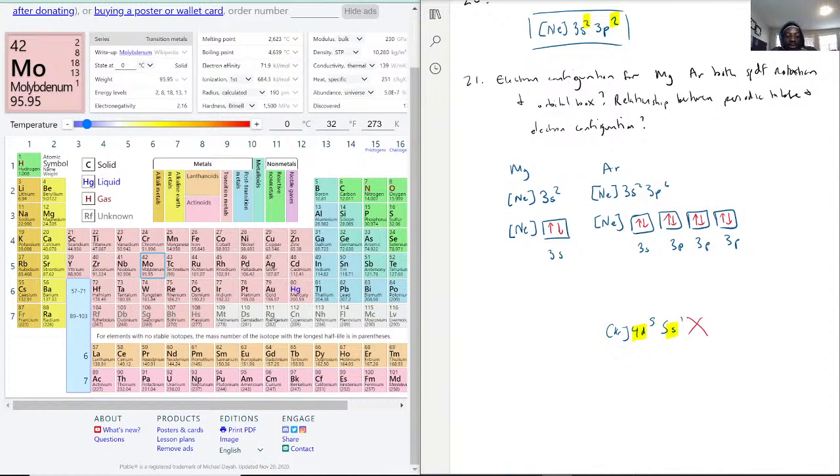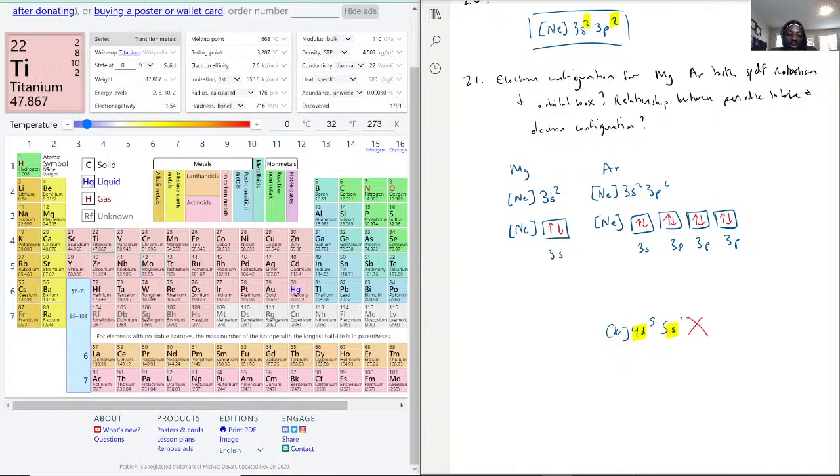Same thing as well: if you had no P subshell but you had S, D, and F, it's going to be in your lanthanide and actinide series. So that is the relationship between the periodic table and electron configuration. Depending on the constituents of the electron configuration, that tells you where it's going to be on the periodic table.